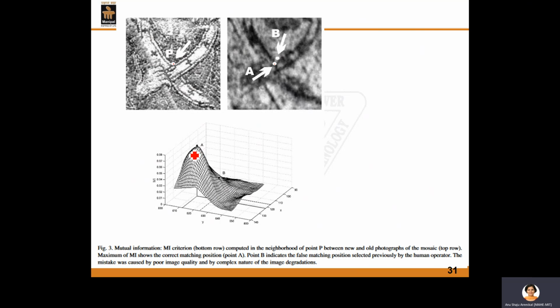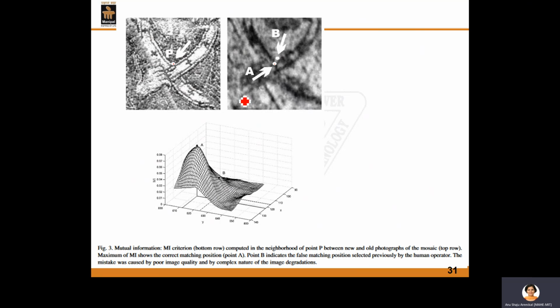So a high value means it is very highly probable that these two points come from the same source, or from the same kind of model that we are looking at.